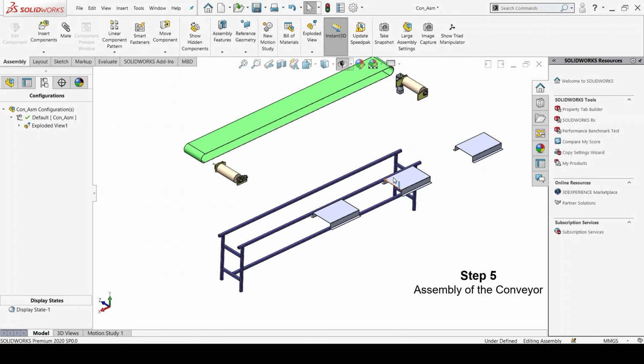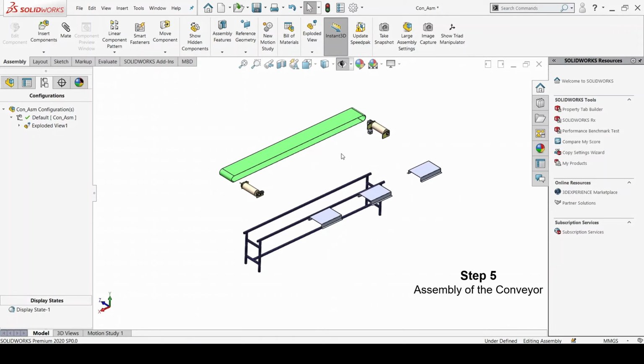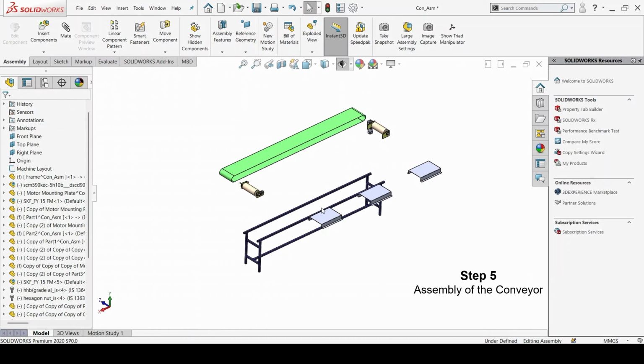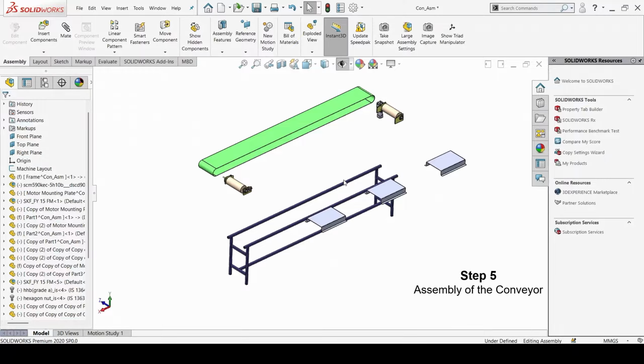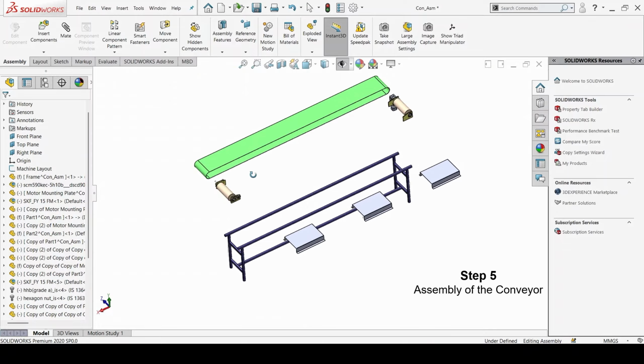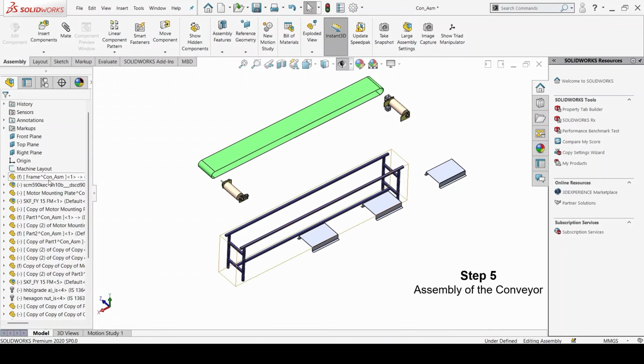Now starting with the final step of the process, which is assembly of the conveyor system. As you can see in my window, I have exploded the components of the conveyor.